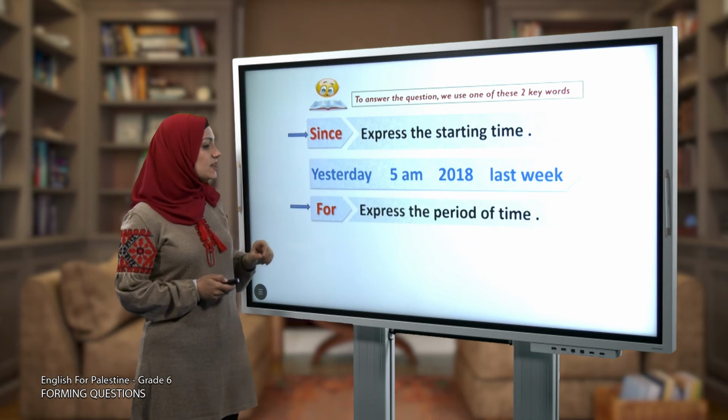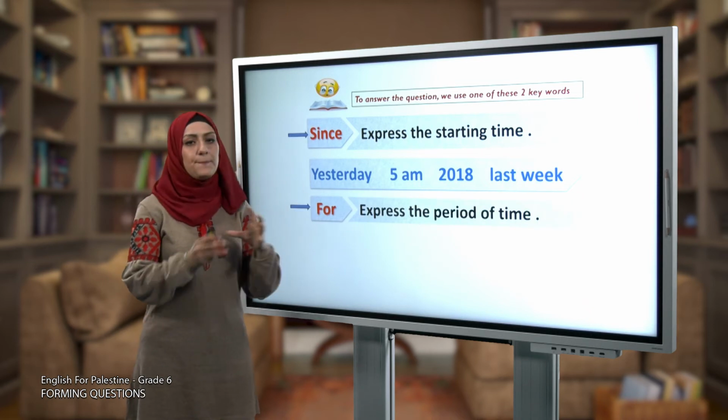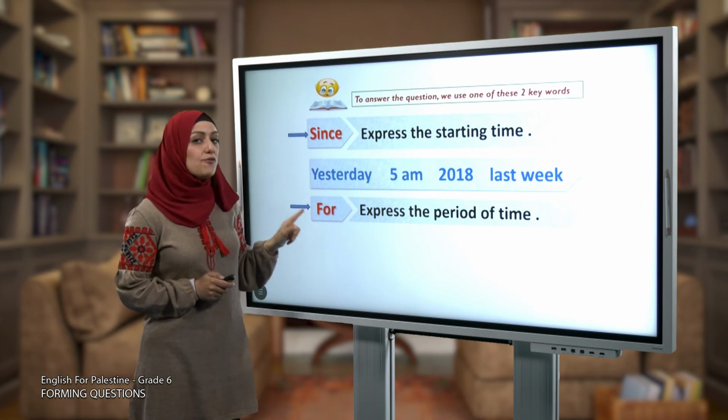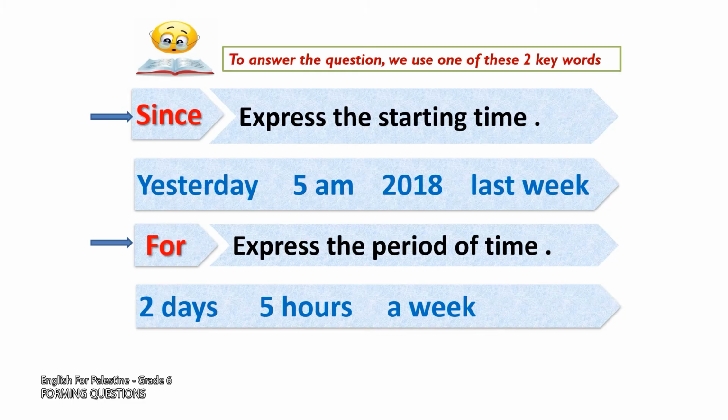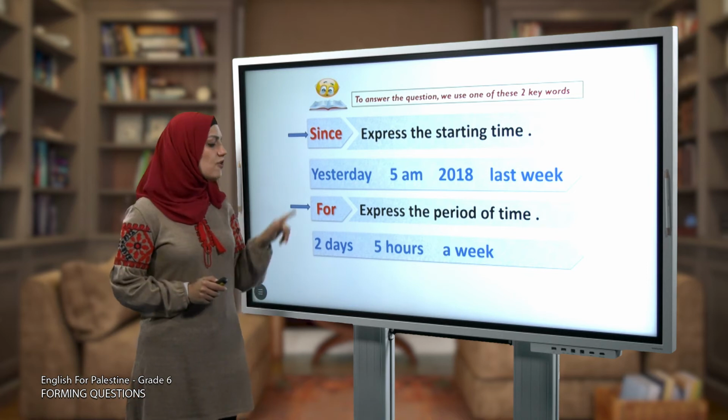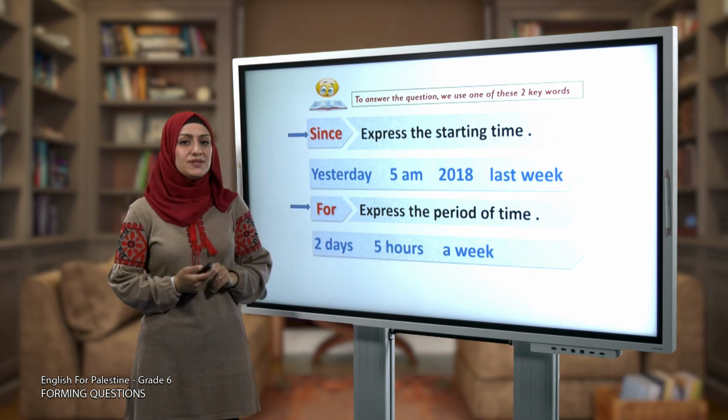Now, if you want to express the period or the length of time, we use for: for 2 days, for 5 hours, for a week. I haven't seen my parents for 5 hours.